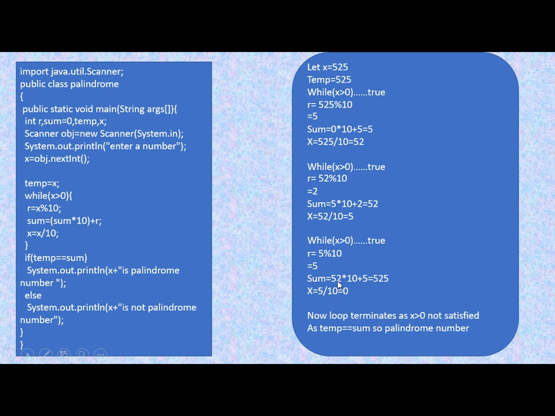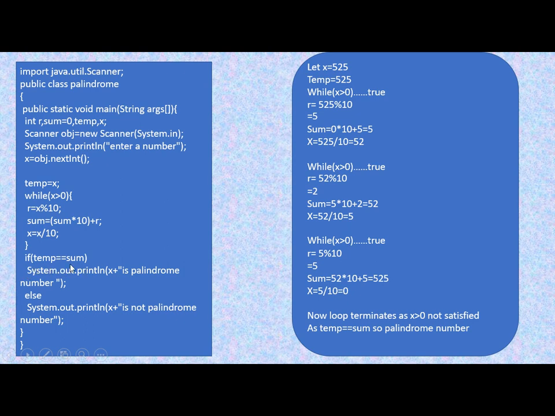Sum is 52, so 52 into 10 plus 5 equals 525. And again x equals x by 10, so 5 divided by 10 will be 0, because the quotient is now 0.